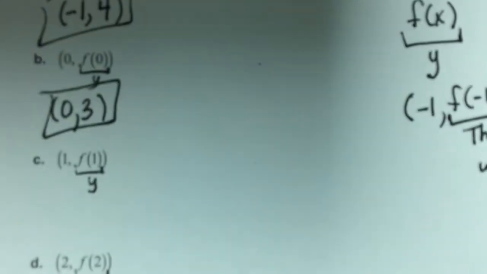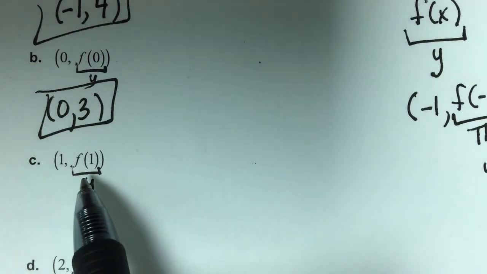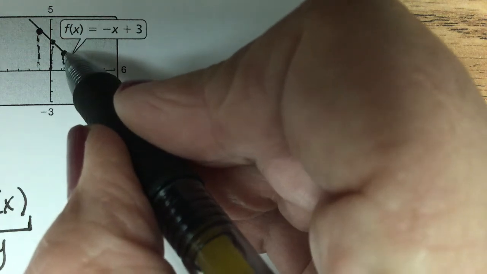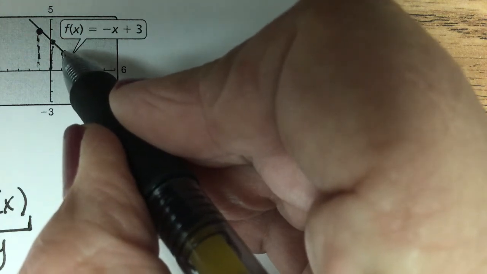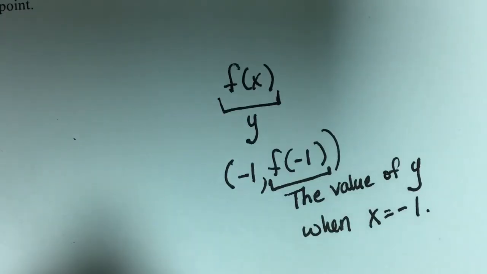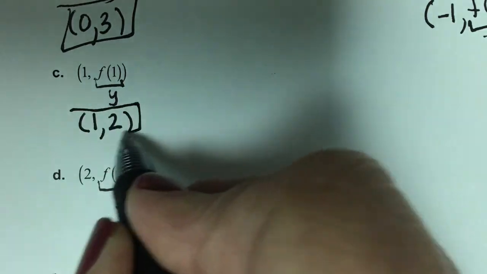There we go. So, find y when x is 1. I go over here to my graph, go to 1, y is, looks like what, 2? Yes, so (1, 2). That's my ordered pair answer for letter C.